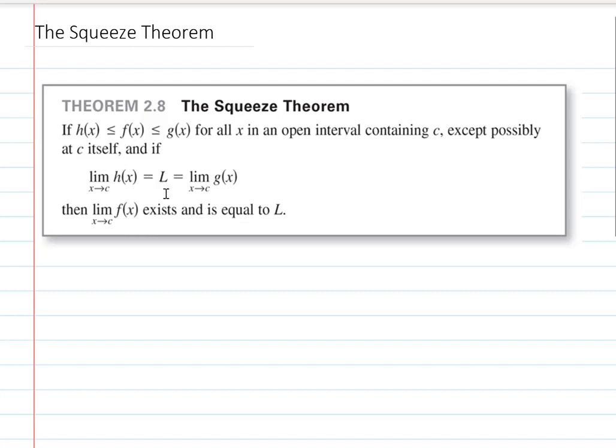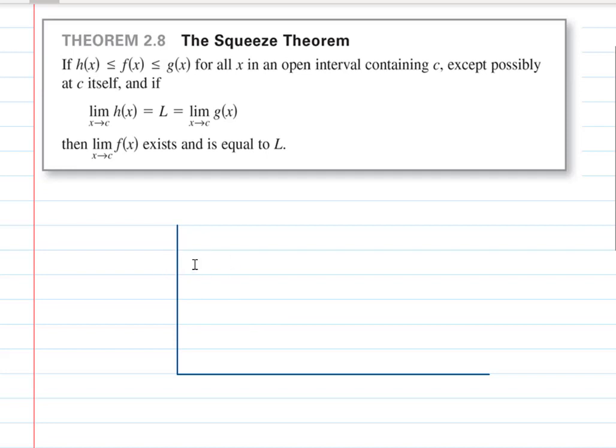And intuitively, this should make sense, guys. If I make a rough sketch of the idea of the Squeeze Theorem, let's say you have some function here, and let's say this is your point c right there. And this is L, your limit is going to be L right there.